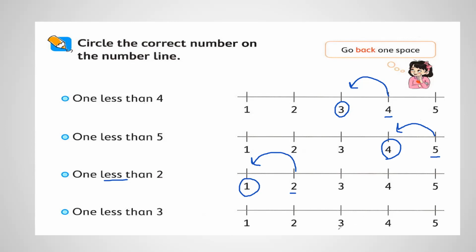What is less than 3? Less than means I'm going to go back to the smaller number. So it's 2. Okay? So don't forget, more than, go after, less than, go back.